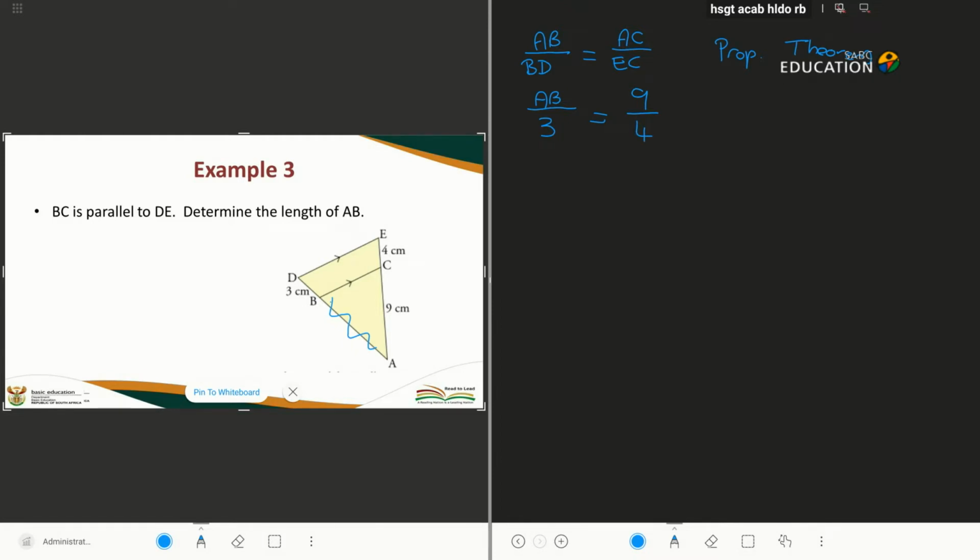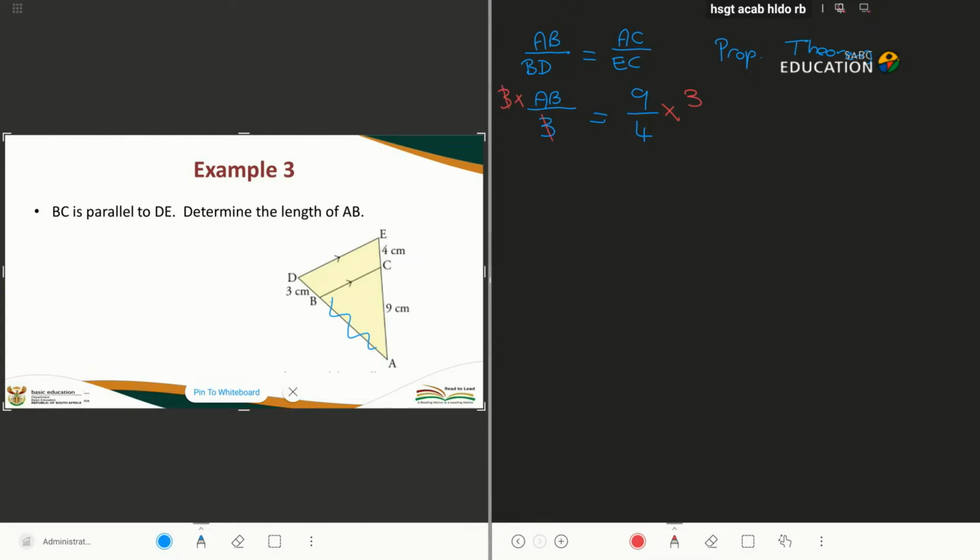So now the easiest way to get rid of the 3, so it's an equation basically, so we work with opposite calculations, meaning I divide by 3, so to get rid of the 3 I have to multiply by 3, and the golden rule is do the same on the other side.